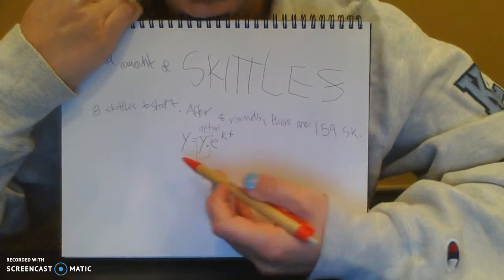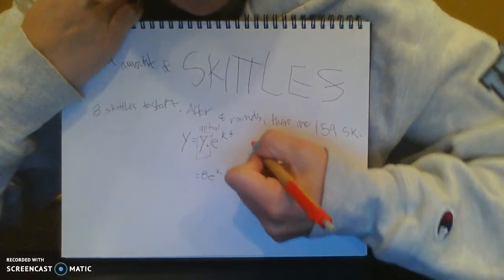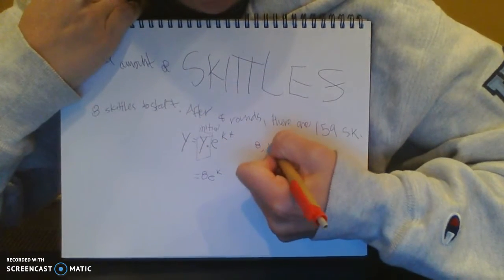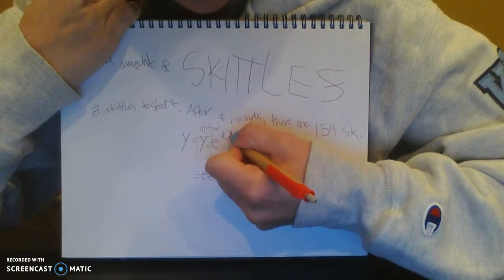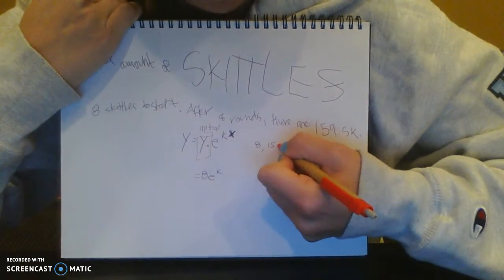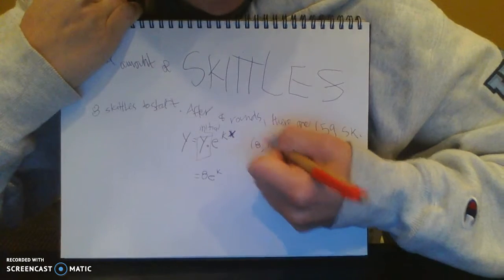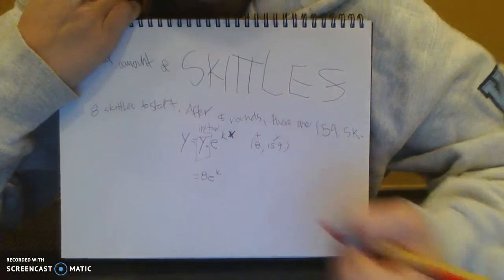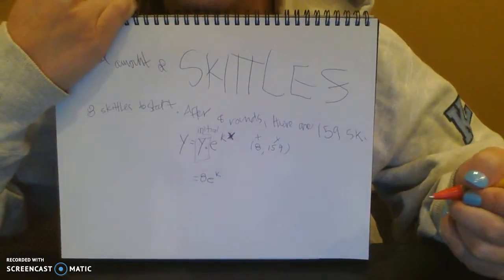And 8, 159 is a data point. 8, 159 is an X, Y data point. Sorry, my X's are kind of looking like T's.